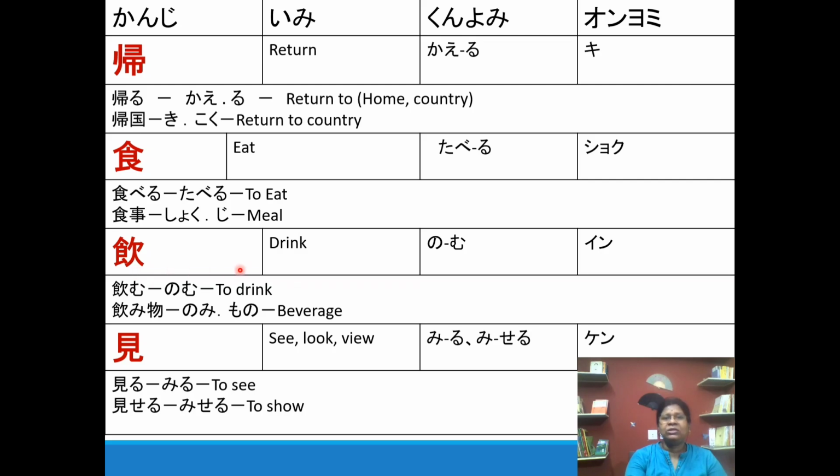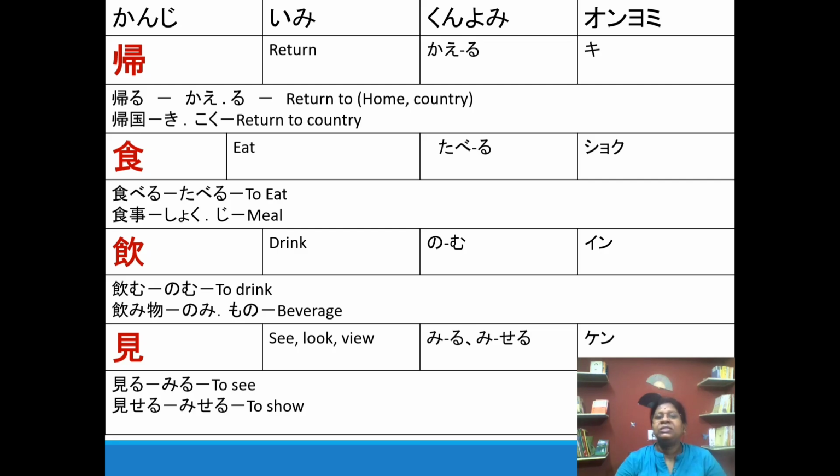Meaning of this kanji: drink. Kunyomi nomu, onyomi in. Nomu, to drink, nomimono, beverage. Meaning of this kanji: see, look or view. Kunyomi miru, miseru, onyomi ken. Miru, to see, miseru, to show.